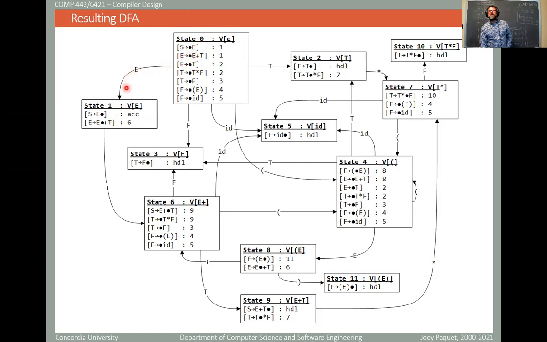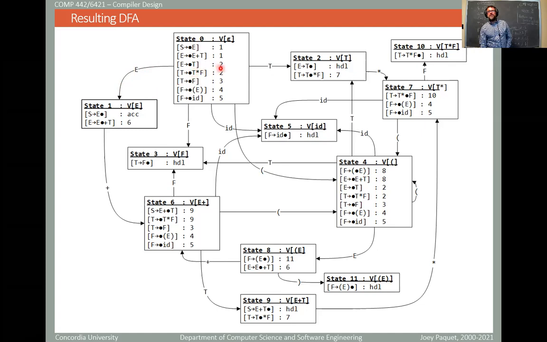The starting item set for state 1 is all the items in state 0 which have an E after the dot. So I take both of these here, which are the only ones that have E after the dot, and they become the starting item set for state number 1.